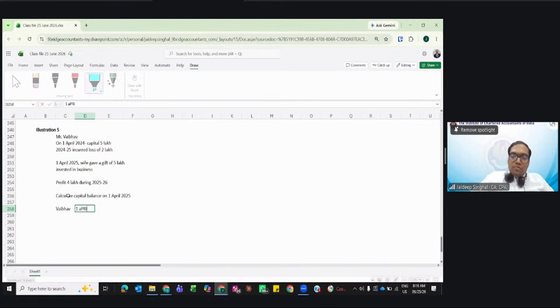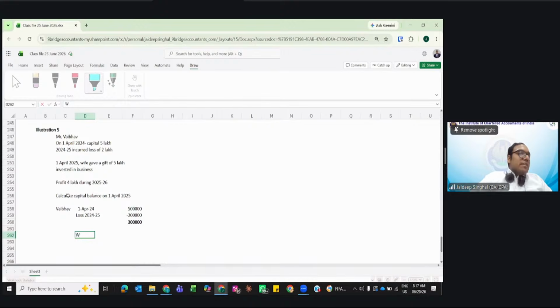He started business on 1st of April 2024. On 1st of April 2024, he started with 5 lakhs. There was a loss in 2024-25. How much? 2 lakhs. The net comes to 3 lakhs.